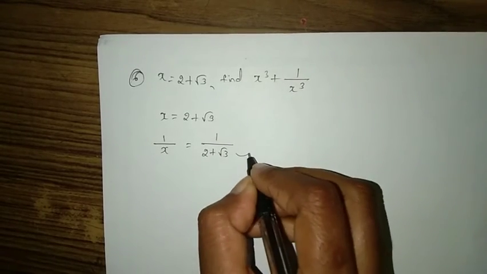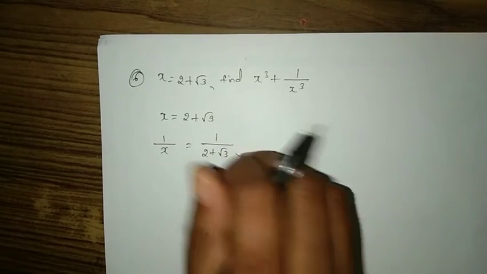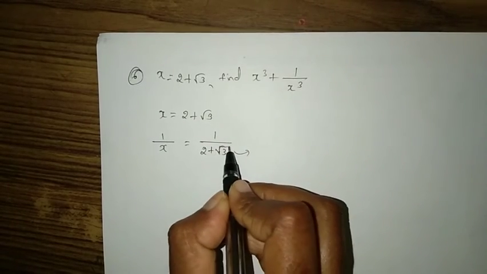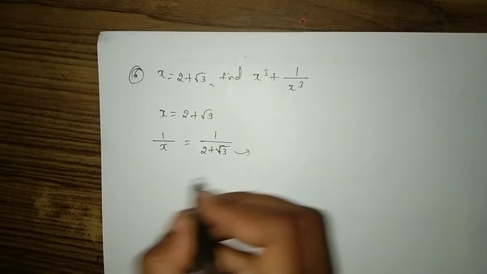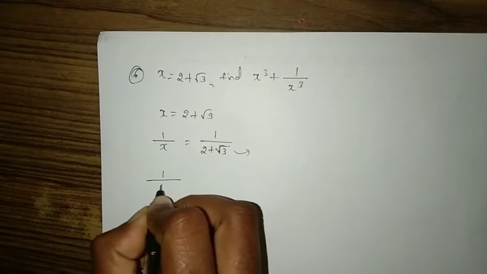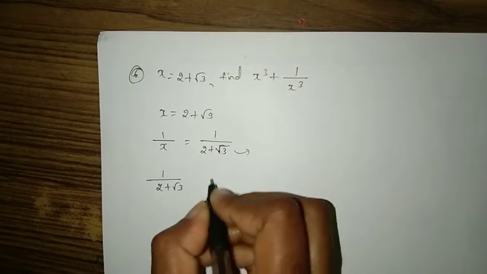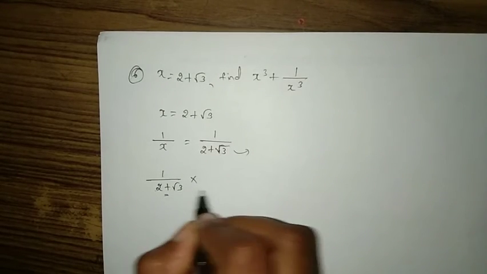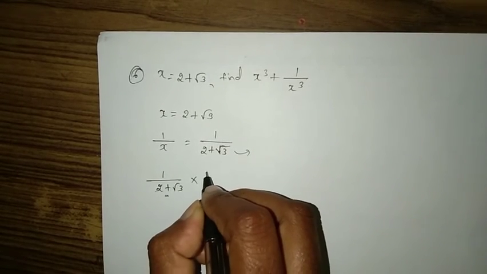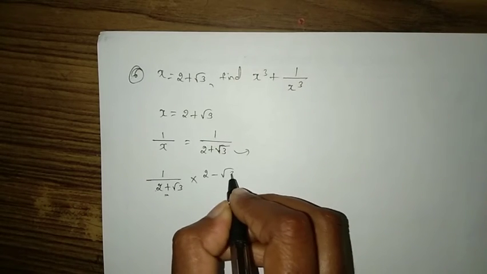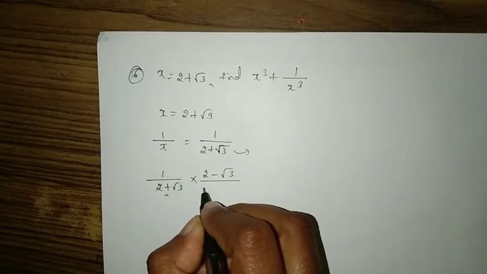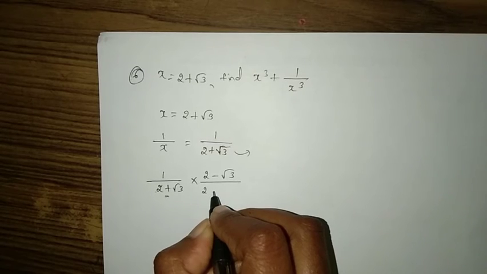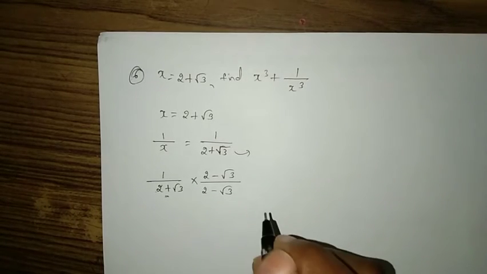We have to do rationalization here, so we have to eliminate this root 3. For that, 1 divided by 2 plus root 3, we have to change the sign because there are two terms, that is (2 minus root 3) divided by (2 minus root 3).